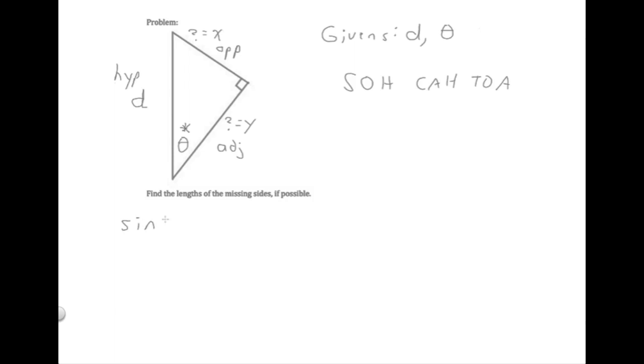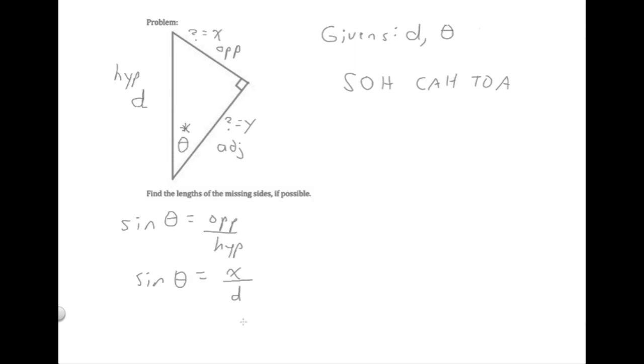So we can say here that the sine of theta is equal to opposite over hypotenuse. So the sine of theta here would be x over d.